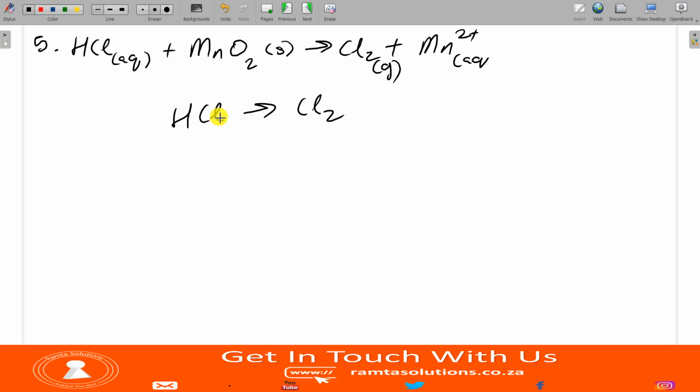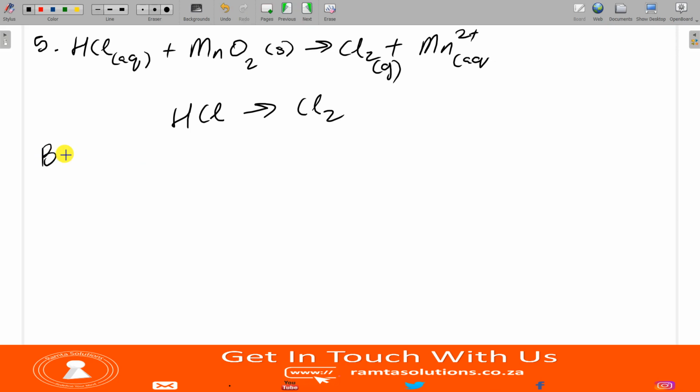So this means it is increasing the concentration of H+. Let's try to balance the chlorines, 2. Now let's balance the hydrogens. When you balance the hydrogens, it'll be plus H+. How do we balance them? 2 plus, isn't it? Or maybe let me start like this.